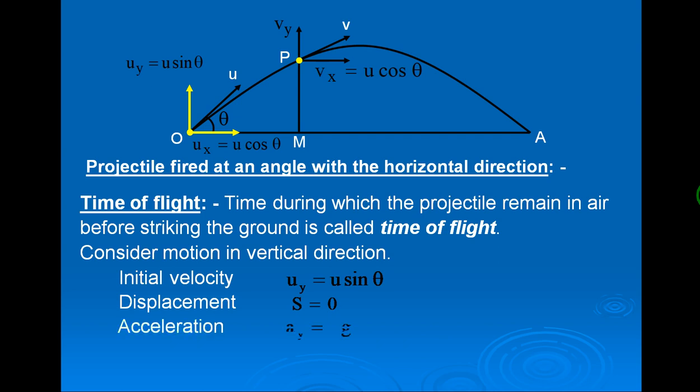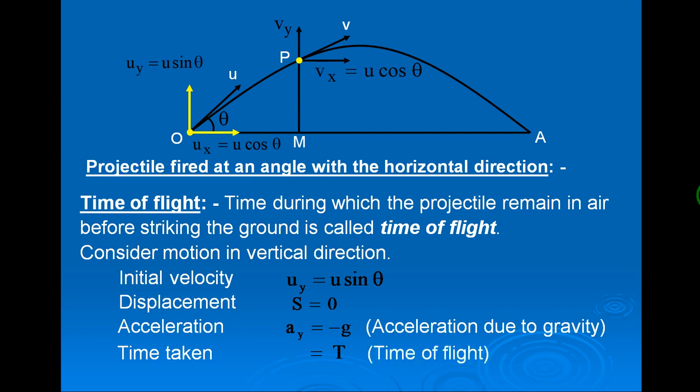Acceleration ay is equal to minus g, acceleration due to gravity. Again, the negative sign shows that gravity is opposite to the initial velocity uy. Time taken is equal to capital T, time of flight.